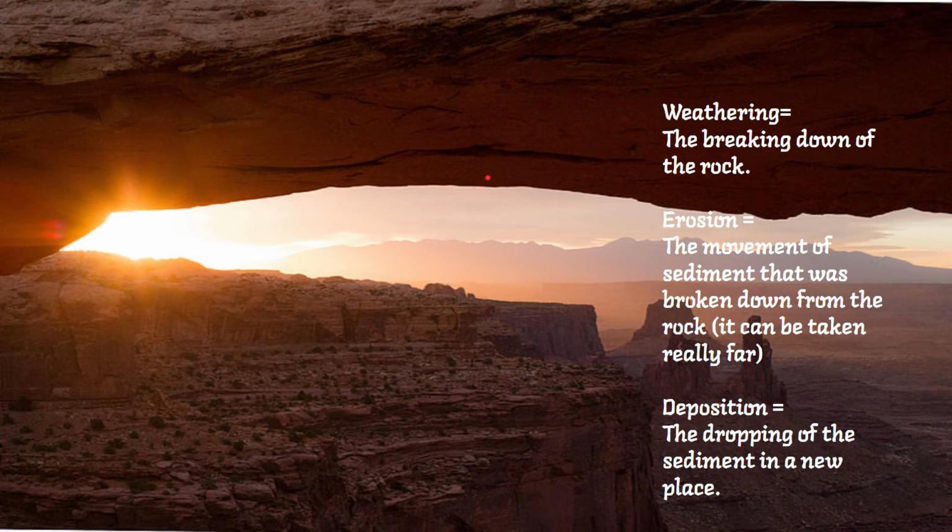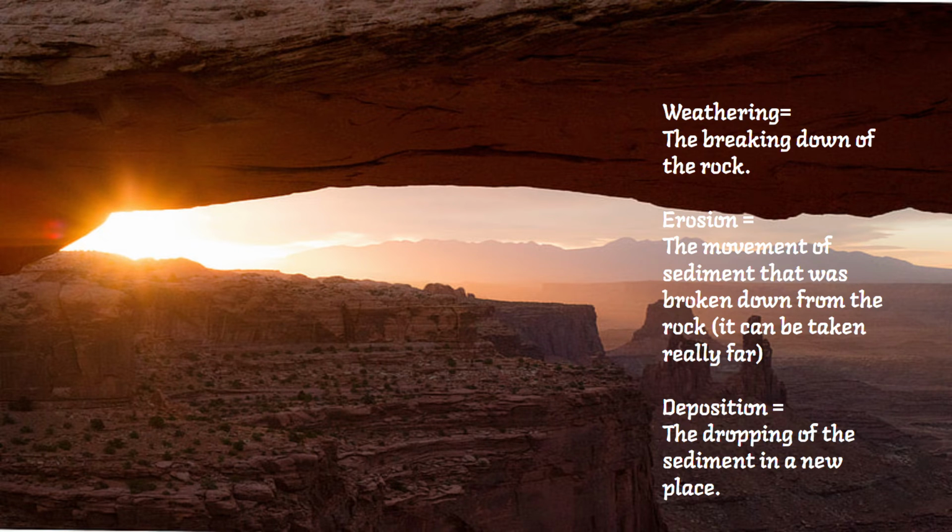So now we're going to look at weathering, erosion, and deposition. Weathering is the breaking down of rock. So let's say we have the rock in this picture. The rock would be breaking down. And erosion is the movement of sediment that was broken down from the rock.